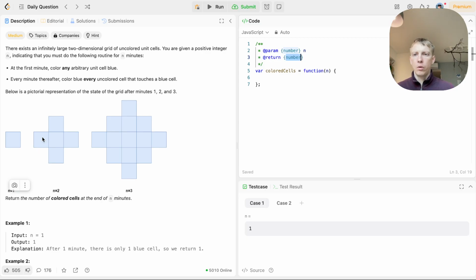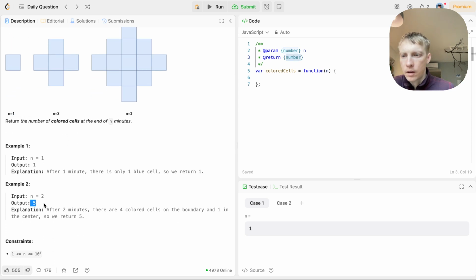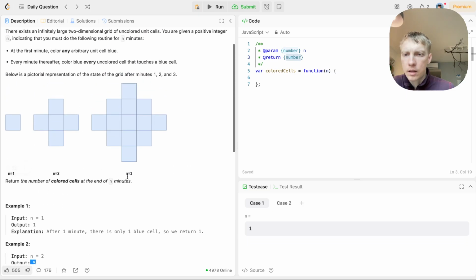And what is this number? Here we can see that the first number is 1, the next number is 5. The third number is 13. First time we add 1 cell.